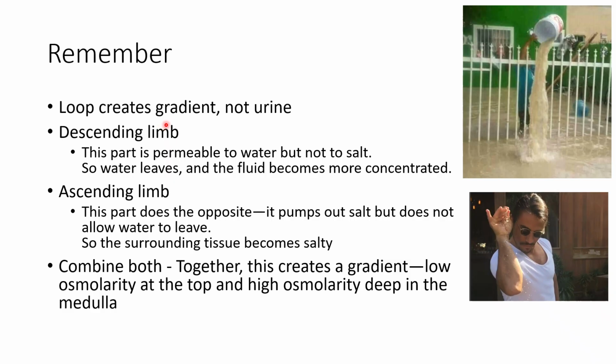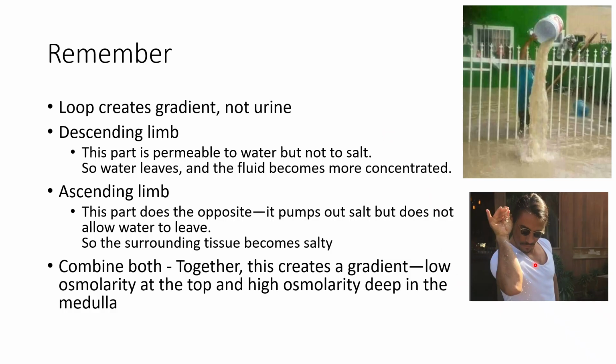Remember, the role of the loop of Henle is not to create urine, but to create a gradient. The descending limb is permeable to water but not to salt, so the water leaves and the fluid becomes more concentrated. The ascending limb does the opposite.